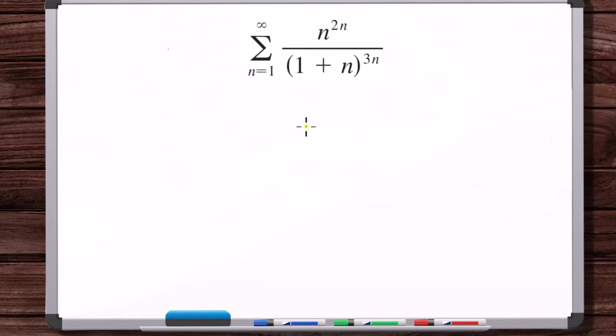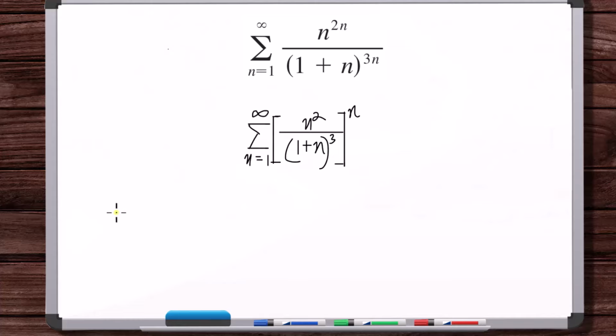Okay, looking at this, we can write it this way: 1 plus n cubed under n squared, to the n power. When we see something like this, we think root test, 100%.